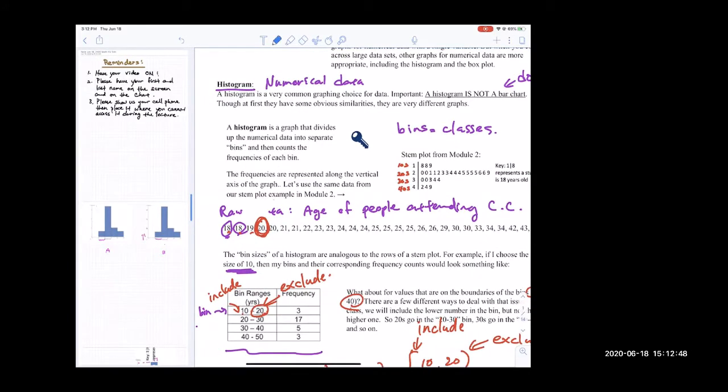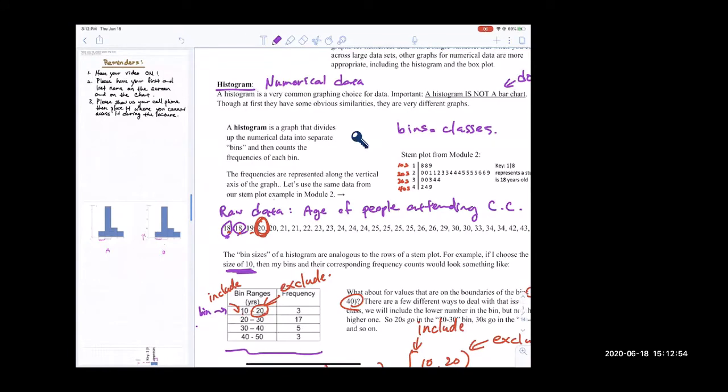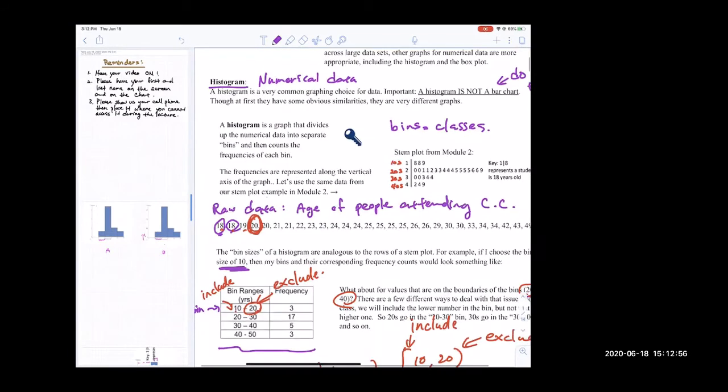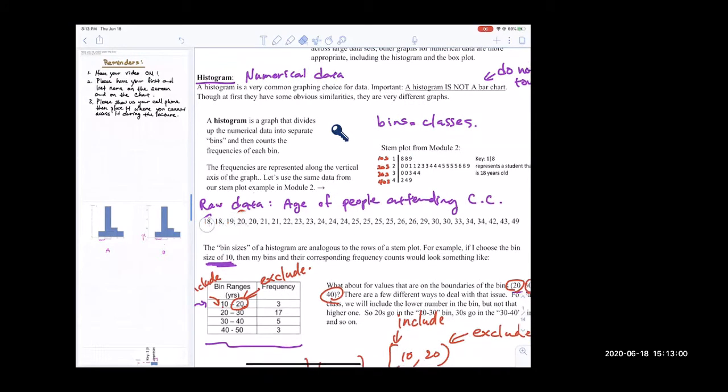So we have raw data from module number 2: ages of people attending community college. We have 18-year-old, 18-year-old, 19-year-old, 20-year-old, 21-year-old, all the way to 49-year-old. So far, so good?